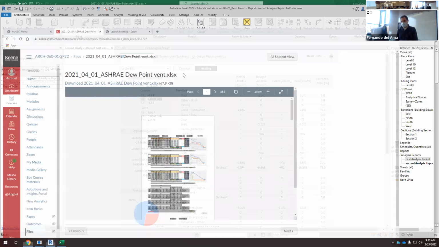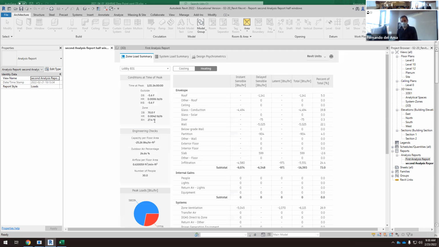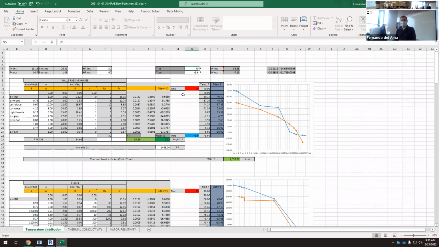But you can see that inside in the zone, the dry bulb temperature is 70 and the relative humidity is 27.4. It's a little low in my opinion. So here we have the indoor temperature 70 and the relative humidity is 27.